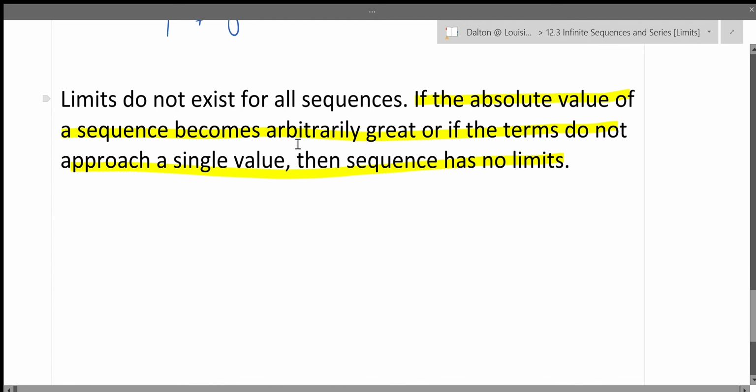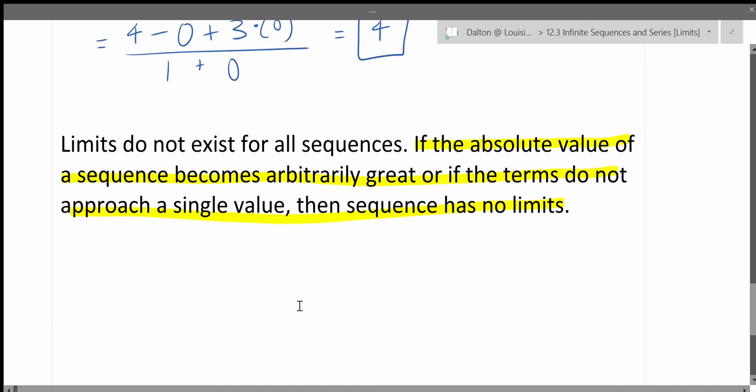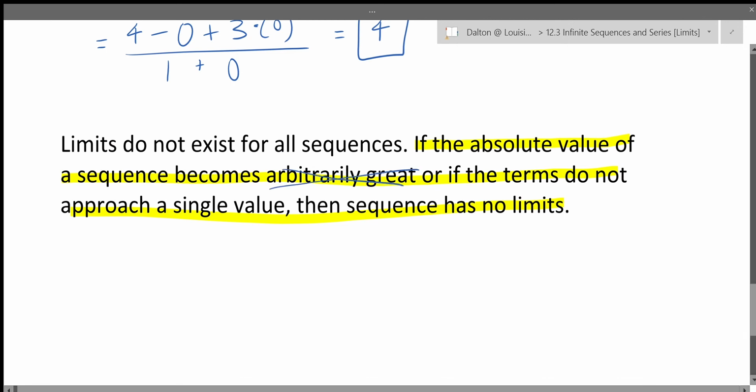So if you want to write that in normal terms, if the absolute value of a sequence becomes really high, that is super basic, but that's another way of thinking about it. If the absolute value becomes really high, or if the terms do not approach a single value, then the sequence has no limits.